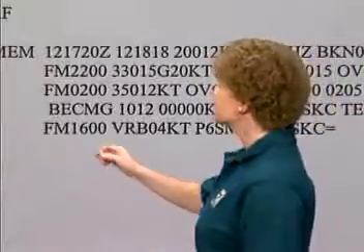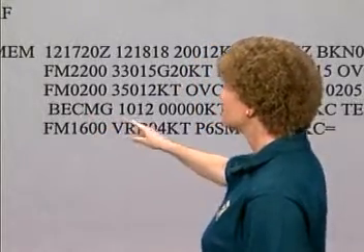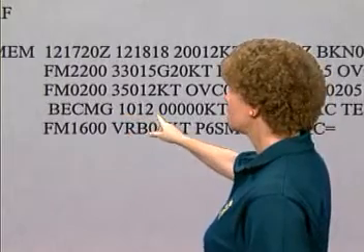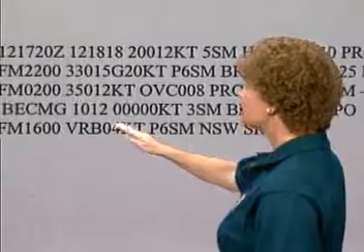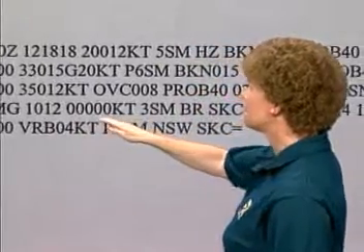Now let's take a look at the beginning of the next line. Well, here's another becoming group. Again, remember that's a gradual change, and in this case it will occur between the hours of 1000 Zulu and 1200 Zulu. So between those hours, the wind will gradually become calm, because look at all those zeros. 0 velocity, 0 direction mean that they're forecasting a wind of 3 knots or less.